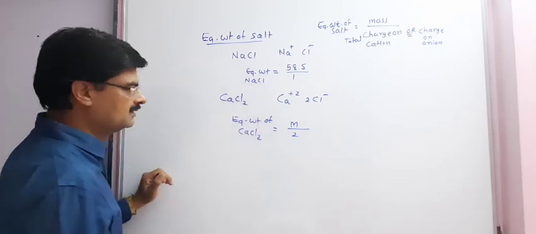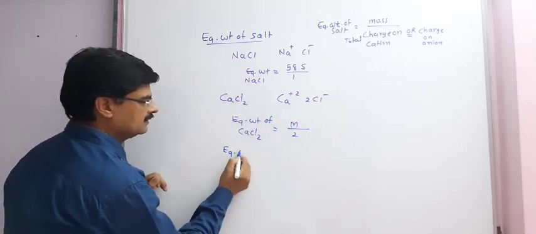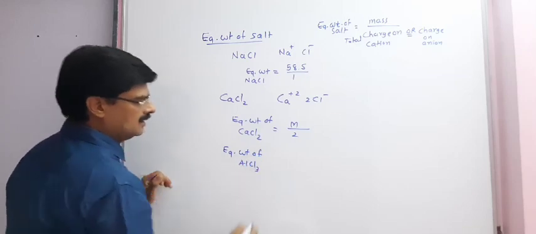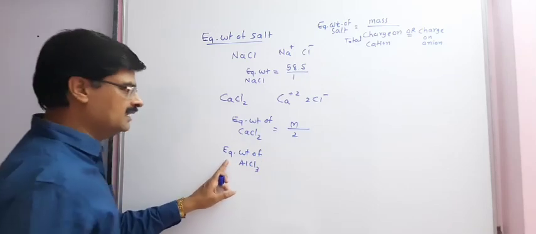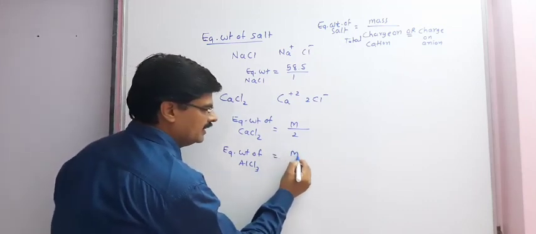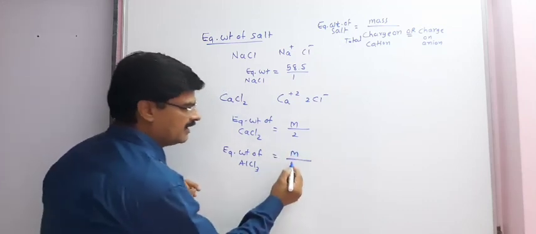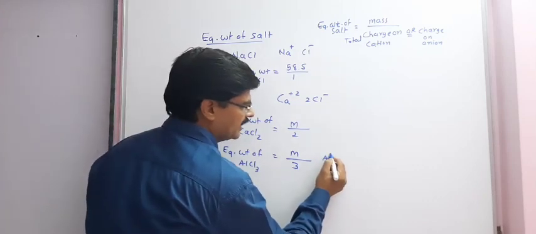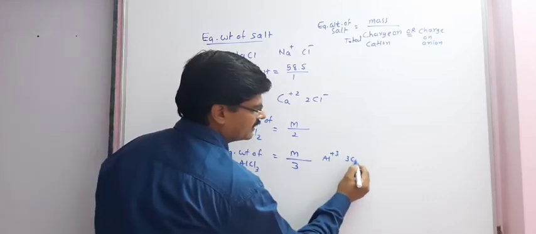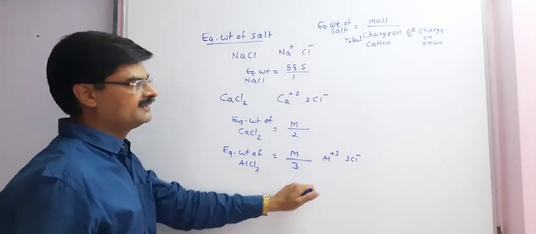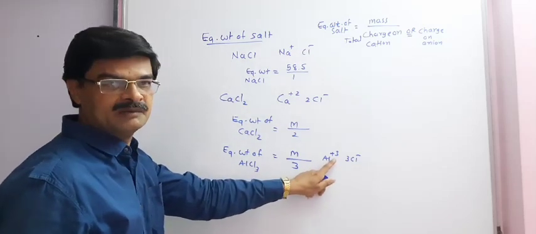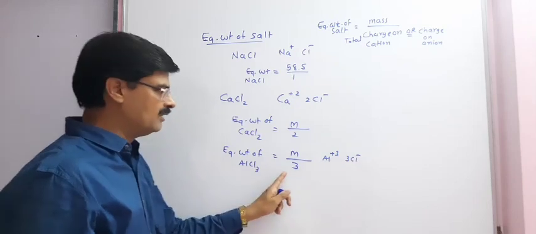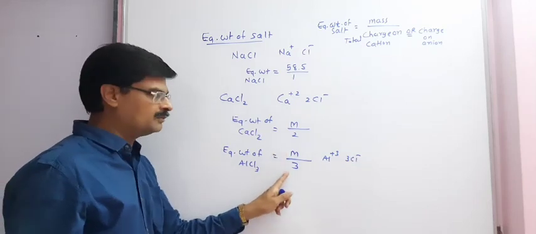Now another case, AlCl3. Equivalent weight of AlCl3 can be obtained when its formula mass is divided by 3, because AlCl3 contains Al3 plus and 3Cl minus. So total positive charge is 3 and total negative charge is minus 3. So we have to divide its formula mass by 3.